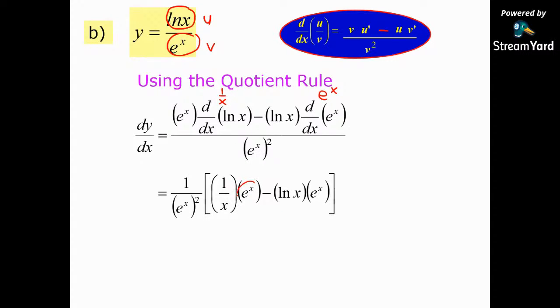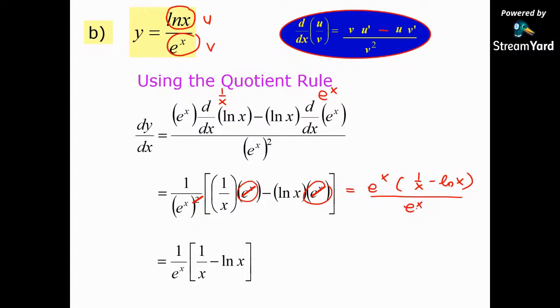So normally for me, I prefer to factorize e^x first. So let us factorize that. What we are going to have next is 1 over (e^x) squared times e^x (1 over x minus ln x). Once you factorize e^x, you end up with (1 over x minus ln x) over e^x squared.